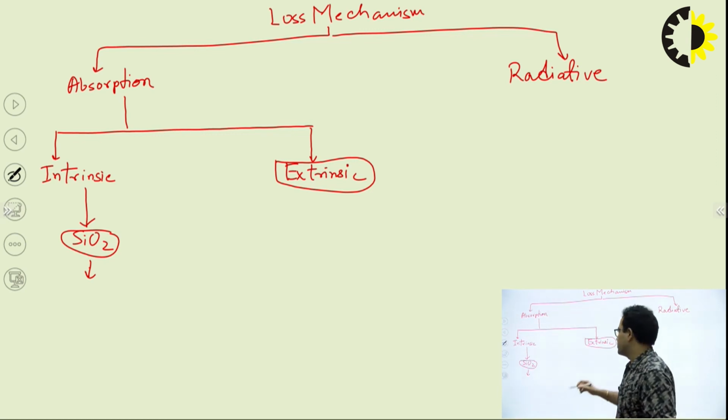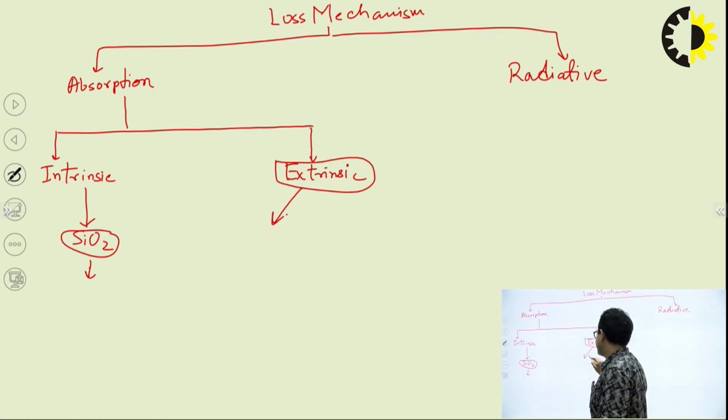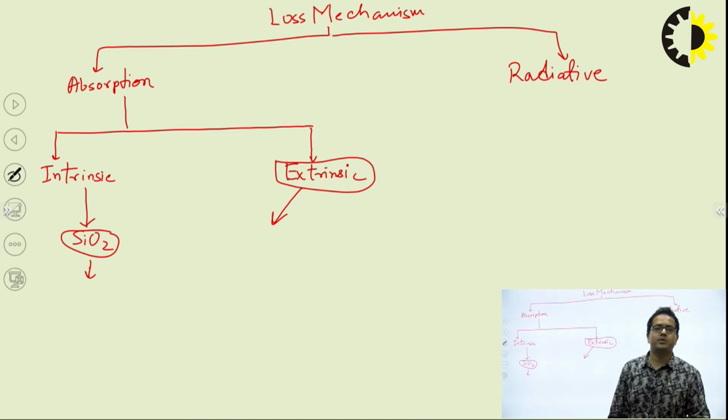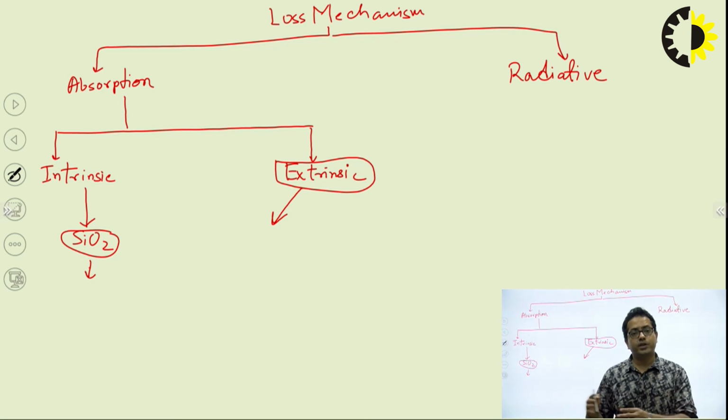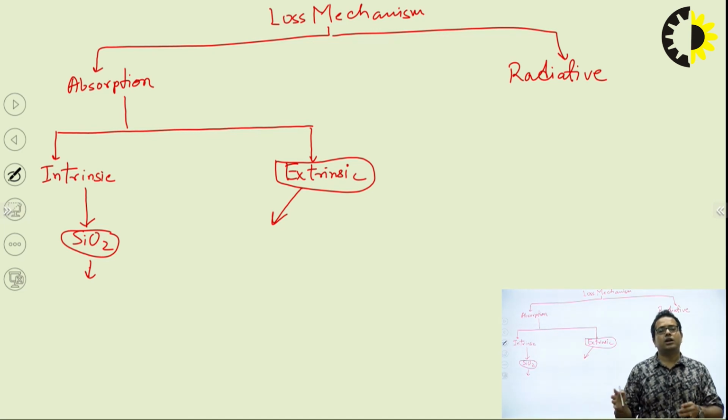There are various factors responsible for absorbing the power, like during the manufacturing process there could be a possibility of absorption, or there could be a possibility of a hydroxyl ion getting bonded with the silicon ion after replacing the oxygen atom. So in that case also, we have to avoid such a thing.